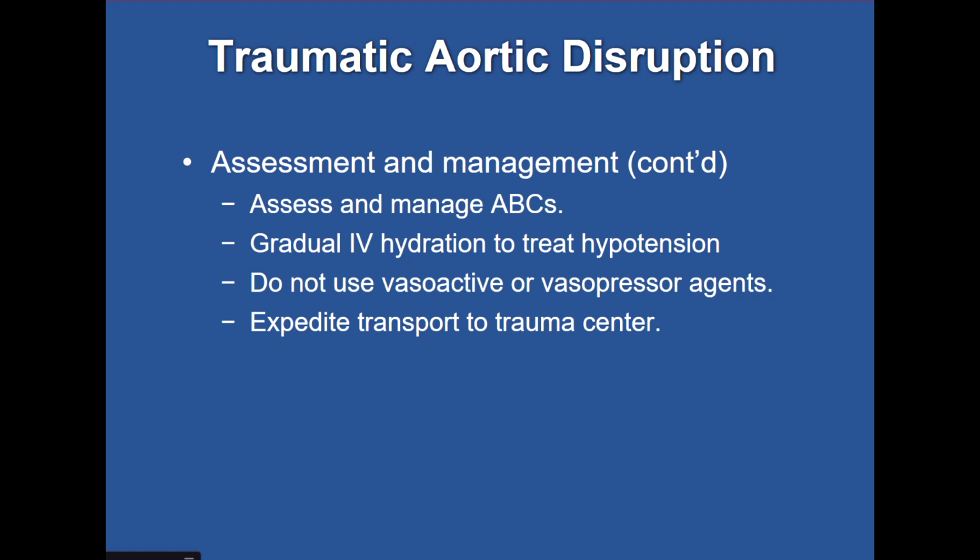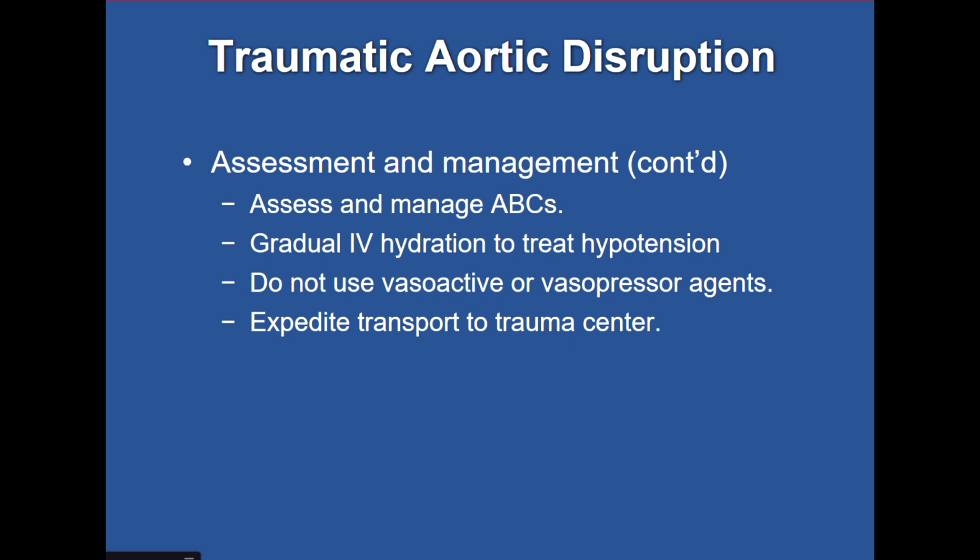Again, we're going to give supportive care, establish their airway, give them oxygen, and remember when we're treating circulation that we don't want to overload them with fluids. We want to keep them on the low side of normal, keep them at about 90 systolic so that we don't cause them to bleed out faster.